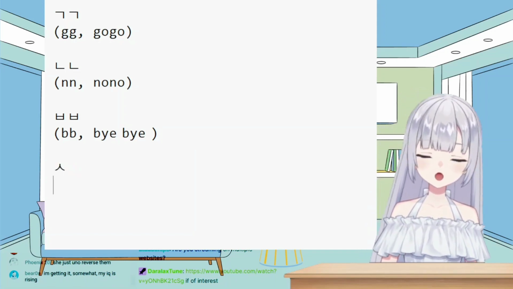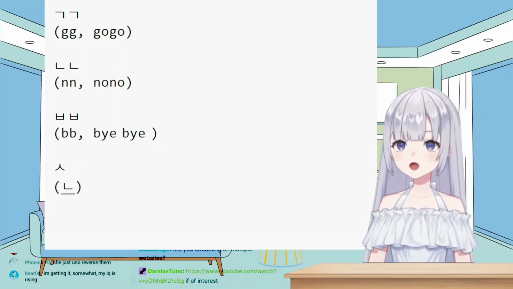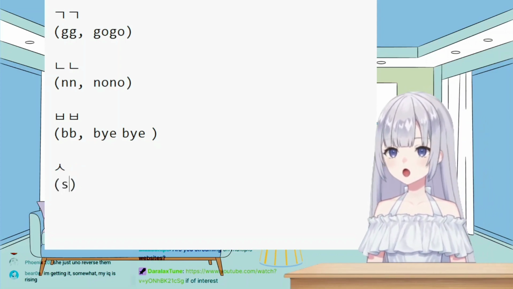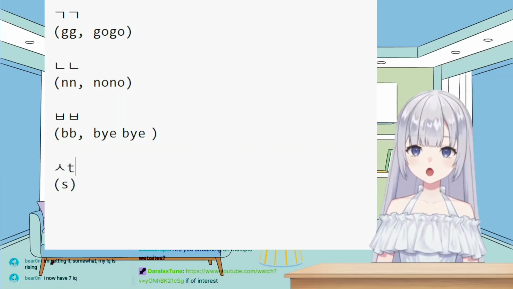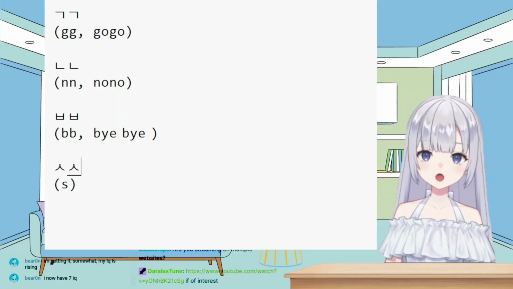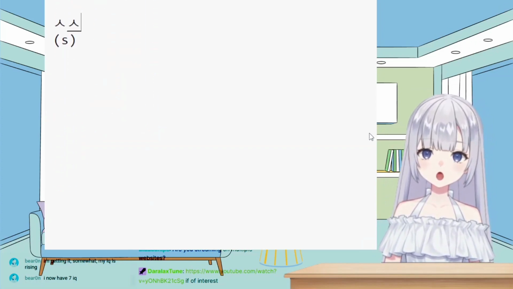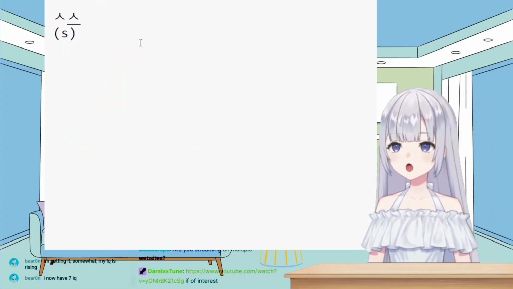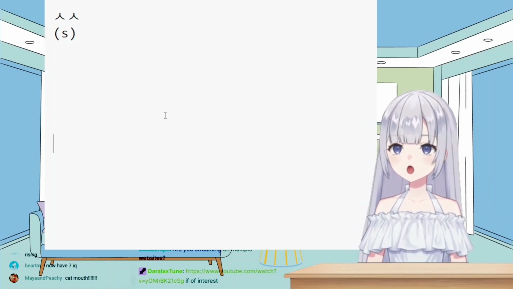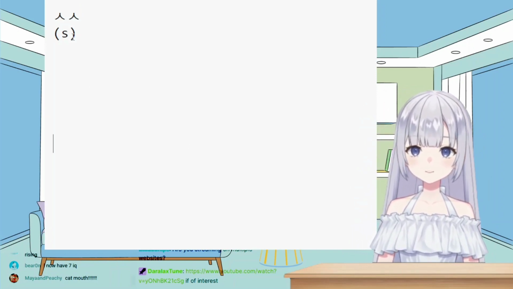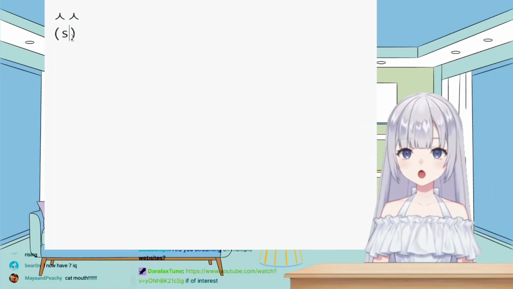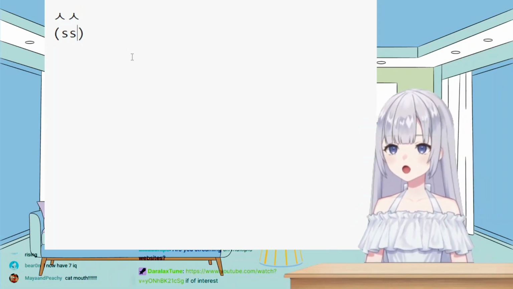Okay, so this is an S sound. And then when there are two of them, any guess?